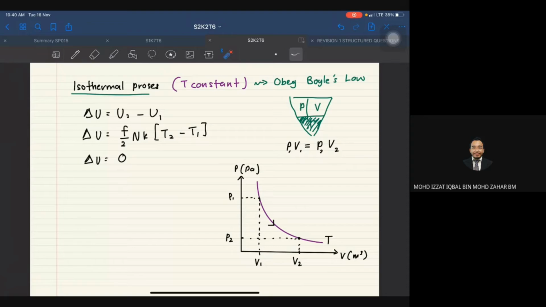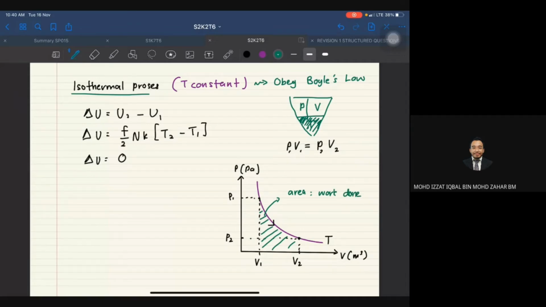Tu senang lah. Alternatively, they might ask you to find the work. Work done actually equals to area under the graph. So area here represents work done.